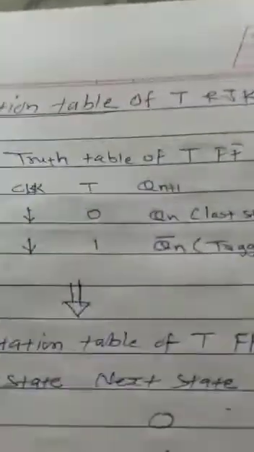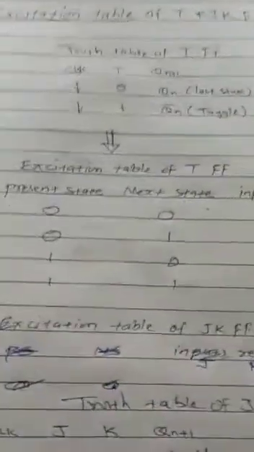Now let us see the excitation table of the T flip-flop. Remember, excitation table is derived from the truth table. So here, this is the truth table of a T flip-flop.